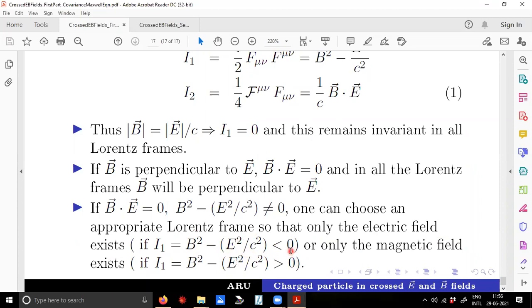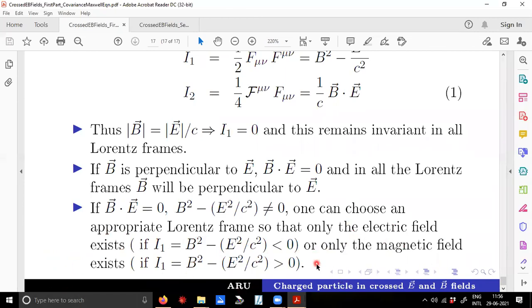So I can choose a Lorentz frame of reference where both complicated electric and magnetic fields will not be there. I calculate I1 and I2 and check, is I1 positive or negative? If I1 is negative, I can choose a Lorentz frame so that only electric field exists. And if I1 is positive, then I can choose a Lorentz frame of reference where only magnetic field exists.